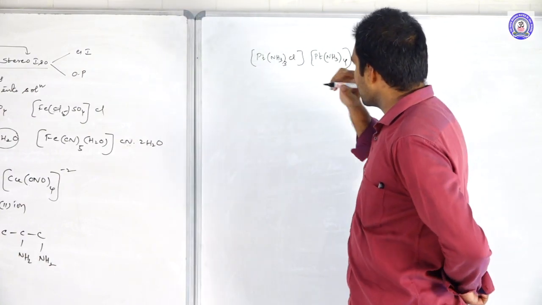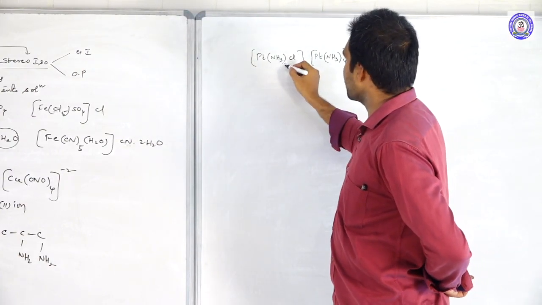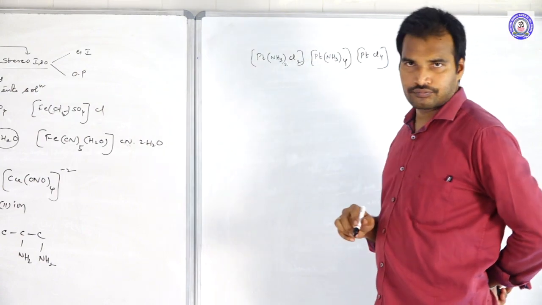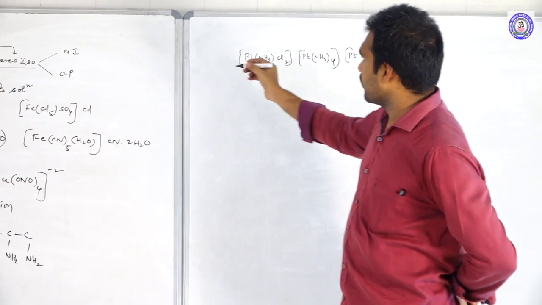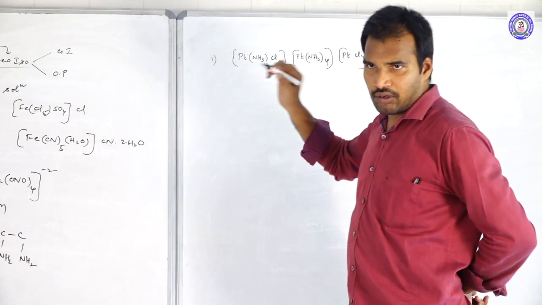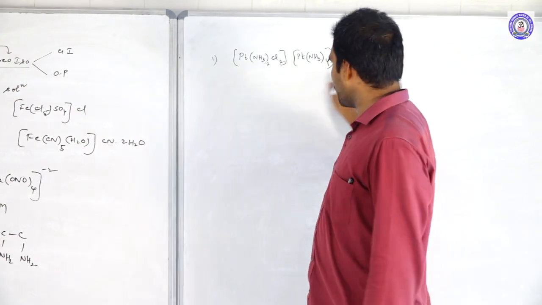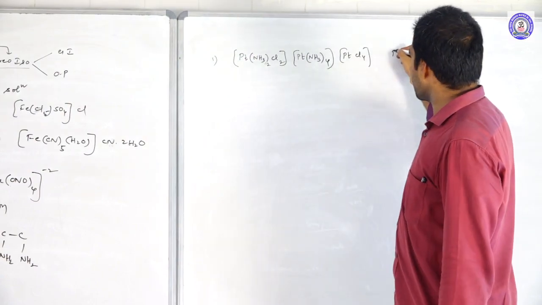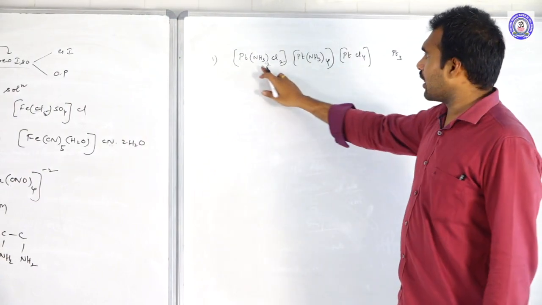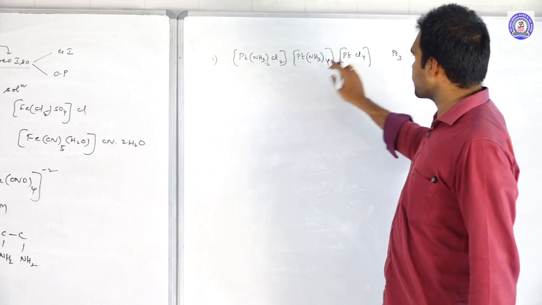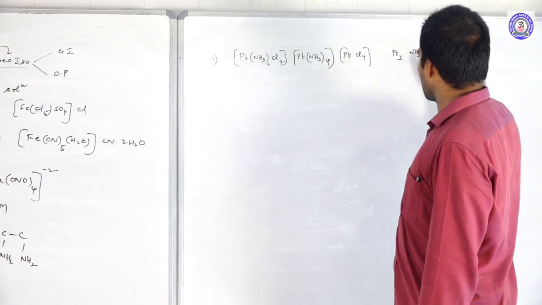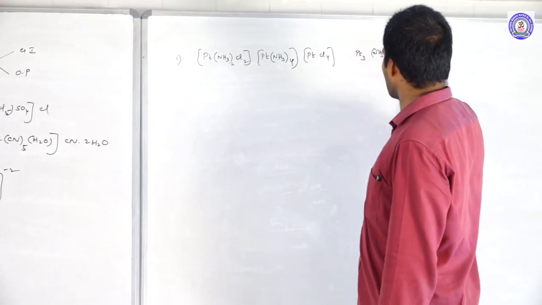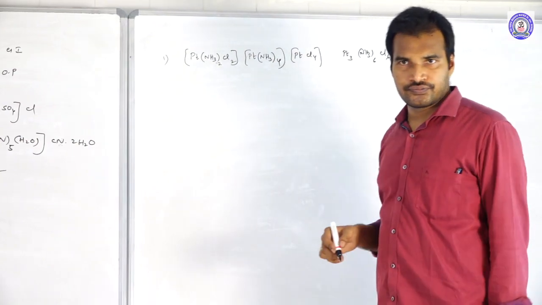See that, Pt(NH3)2Cl2. So this is one complex, having 3 complex pairs. Total how many platinums are there? Total platinums are 3, and ammonia ligands are 2 plus 4, 6. Ammonia ligands are 6, and the chlorine ligands are also 6.